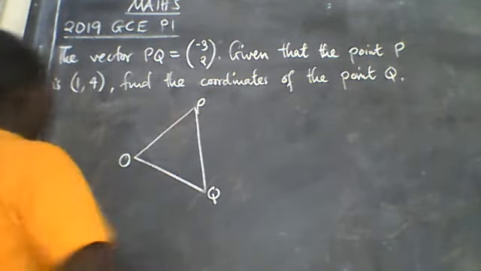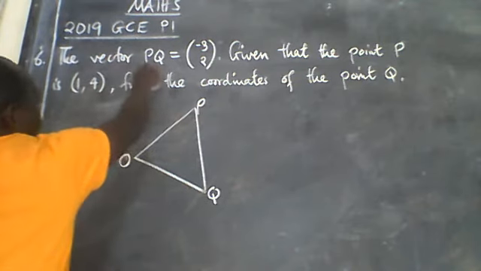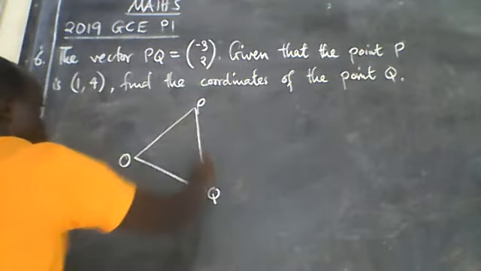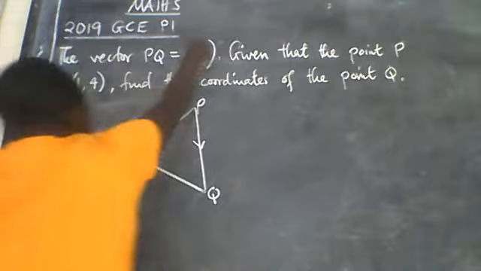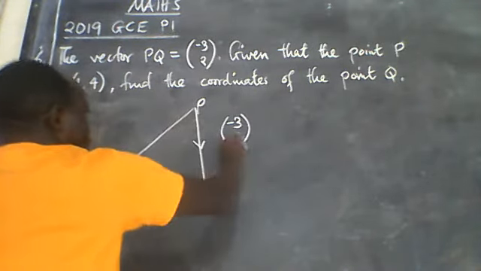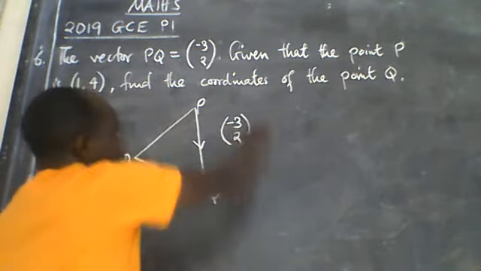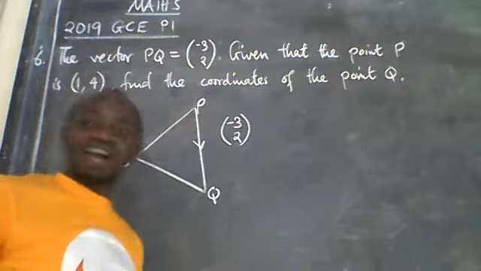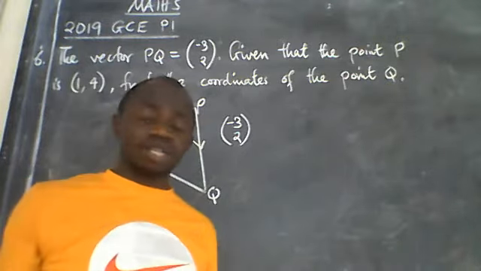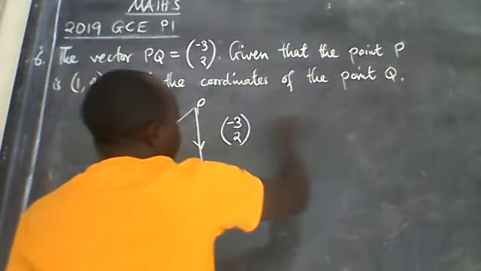Okay? So now from the data given here, I'm being told that the vector PQ, meaning from P to Q, in that direction, I've got that in component form. This is the vector. So this is in vector form or component form, which is just the same as when I write it in coordinate form.